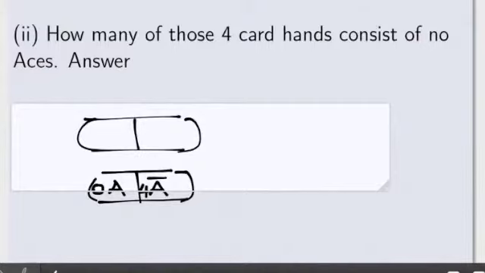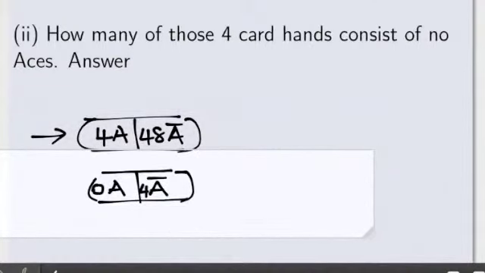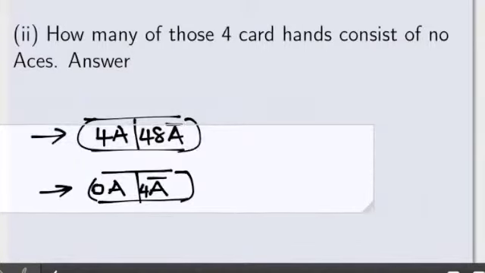So in the deck of 52 cards, there are 4 aces and 48 non-aces, other cards. So this is our main pool, which has 4 aces and 48 other cards. And in our subgroup, we are interested in the combinations of getting 0 aces and 4 other cards.